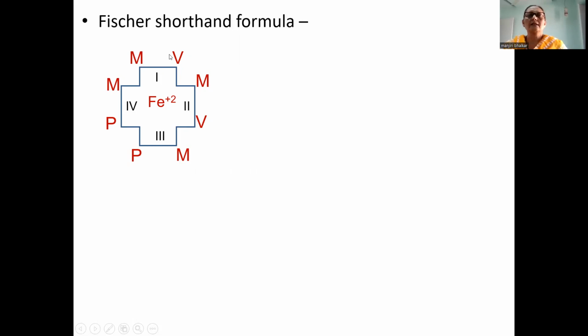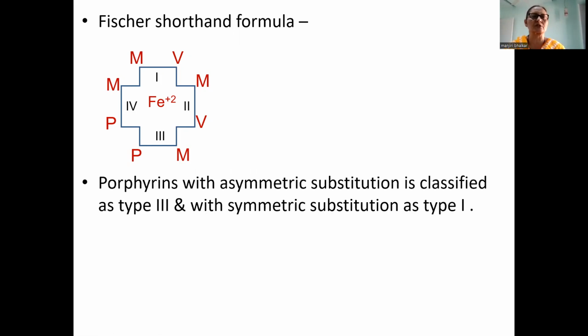While understanding these substitutions, you will also understand that they are not in a symmetric fashion. When the substitutions are in an asymmetric fashion, it is called a type 3 porphyrin. So this is a type 3 porphyrin with asymmetric substitution. Now you also have certain porphyrins present in nature which are type 1 porphyrins.